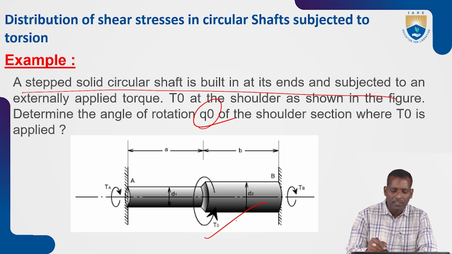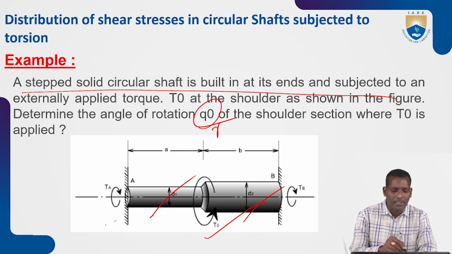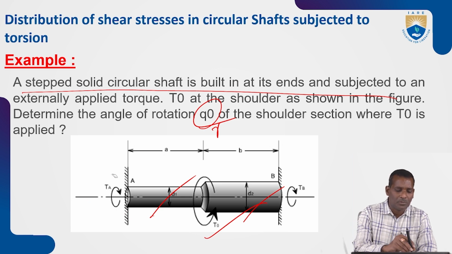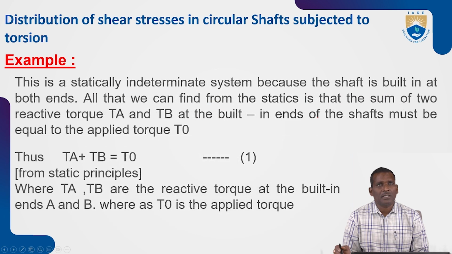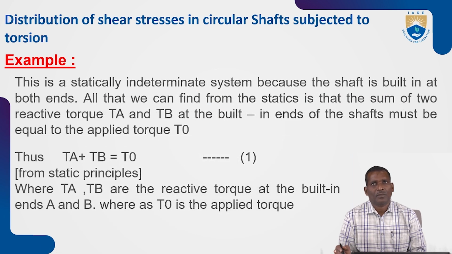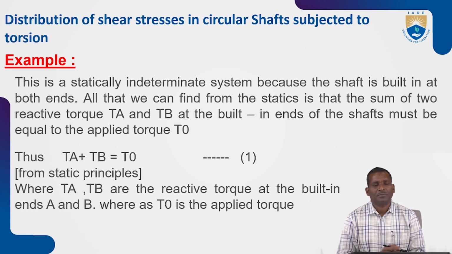Here, what is the angle? Theta or gamma? So D1 is the diameter; this is a stepped solid circular shaft. Here D2 is another diameter, and at A this one is subjected to torsion, and the distances are also given. Now this is a statically indeterminate system because the shaft is built in at both ends.